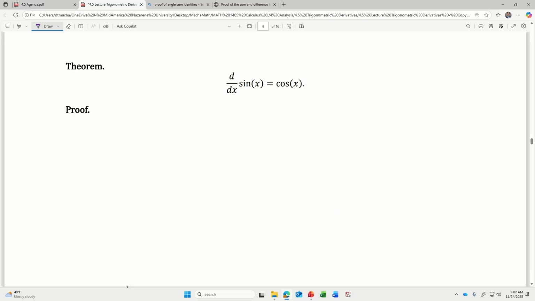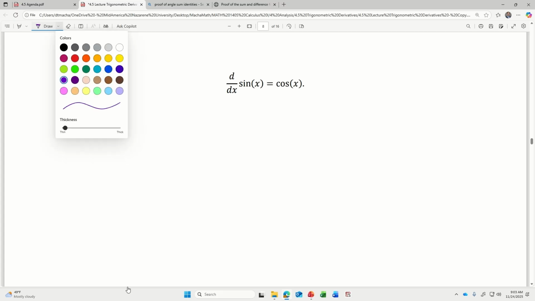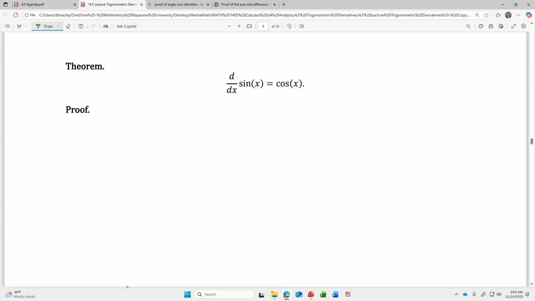So here's the big theorem we've been building up to, right? We're finally doing calculus. We took some limits, but we're finally doing derivatives. And this is an important derivative, I think. How do we really know that the derivative of sine is cosine? Well, we start from the definition of the derivative.